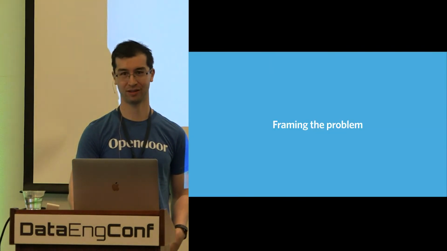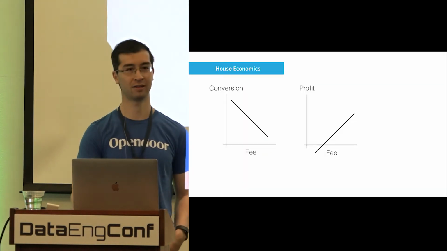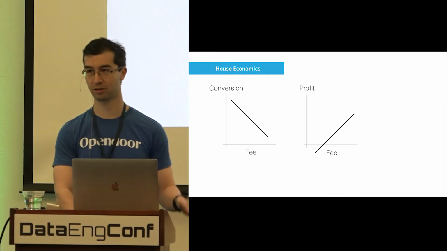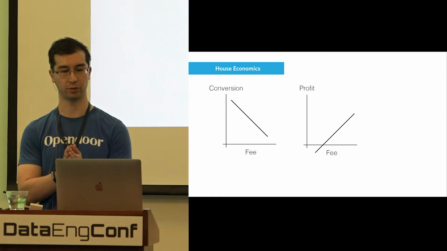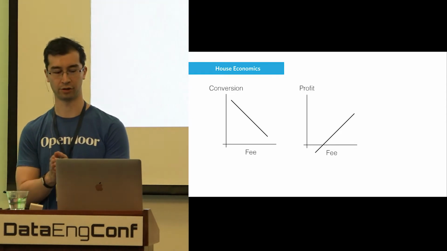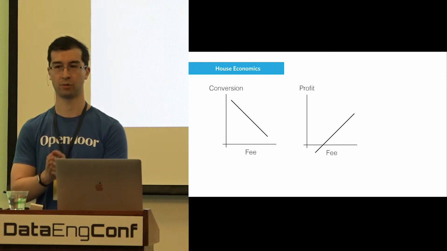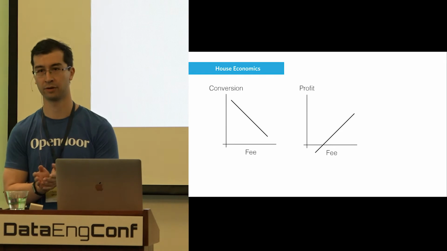So if we wanted to turn this into math a little bit, first, there's a really quick lesson in metrics. The conversion for a seller to accept the offer, as a function of the fee that we charge, is decreasing. So if we charge a higher fee, then sellers unsurprisingly are less willing to entertain the offer.